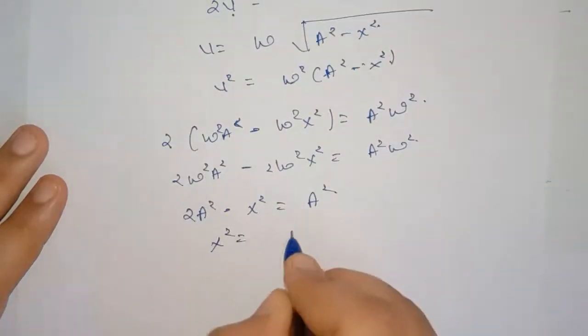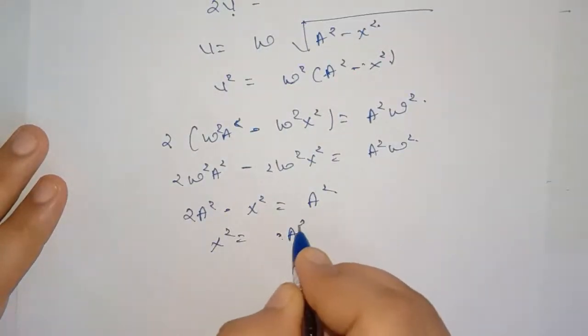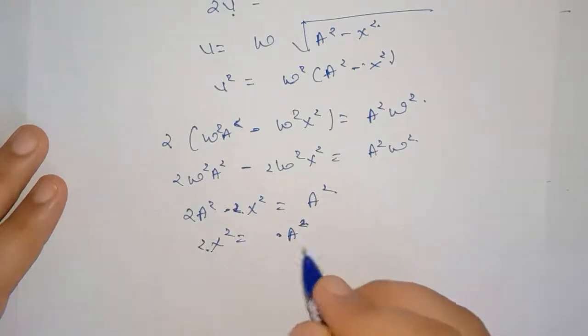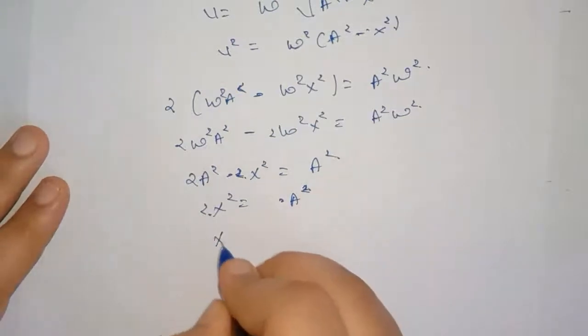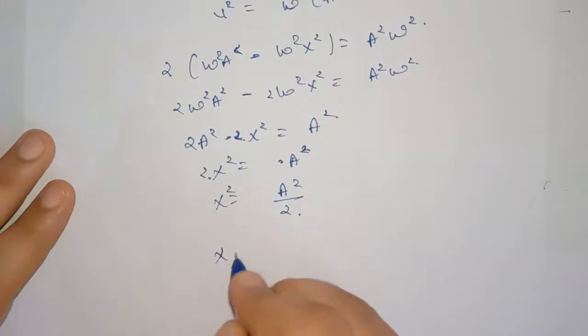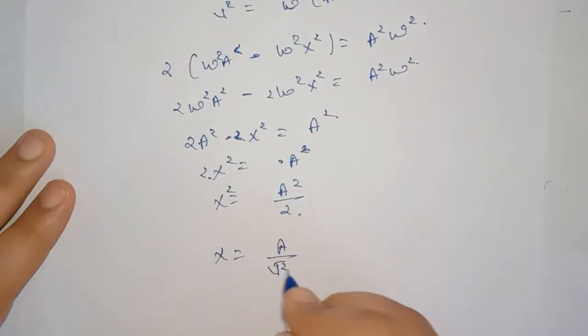So x square is equal to a square by 2, and x will be equal to a by root 2.